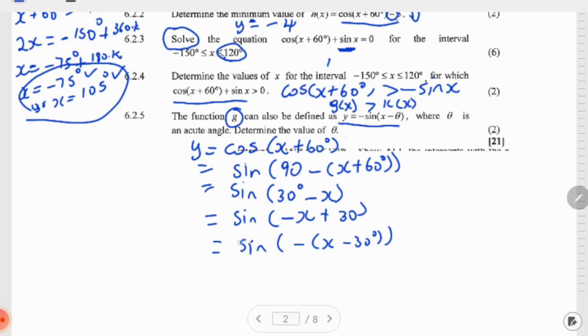And then we know the negative angle of a sine is a negative sine. So this then becomes minus sine of x minus 30. So if you look at it there, we have the same thing that then makes our theta equal to 30 degrees.